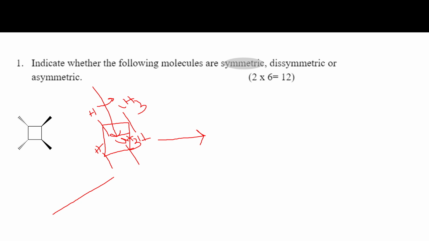If we rotate this molecule by 180 degrees, what will happen? These two methyls which are up will go here, and these two methyls which are down will come here. I am only showing hydrogen and the methyls.